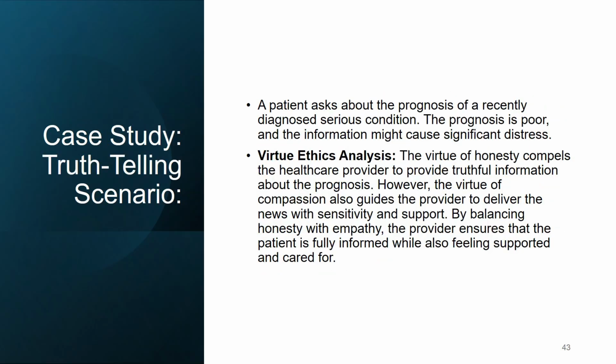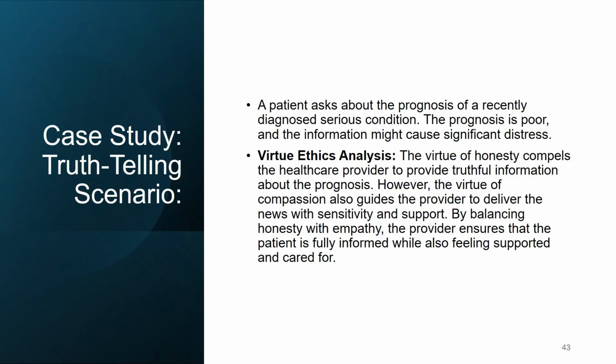Coming to a case scenario which discusses truth telling, a patient asks about the prognosis of a recently diagnosed condition. The prognosis is poor and the information might cause significant stress to the patient. Analyzing this with respect to virtue ethics, the virtue of honesty compels the healthcare provider to provide truthful information about the prognosis.